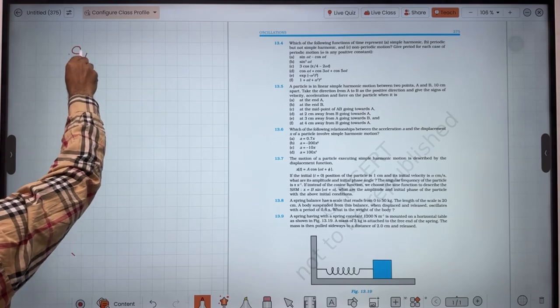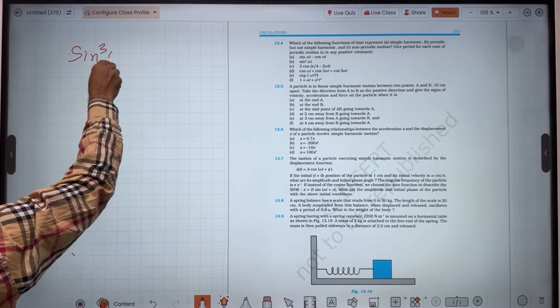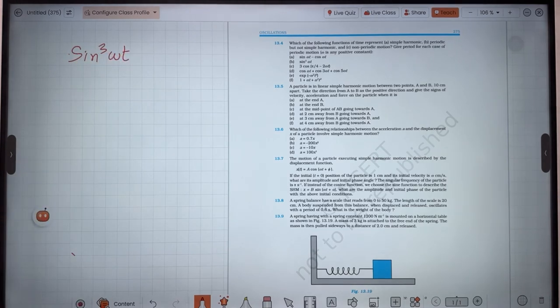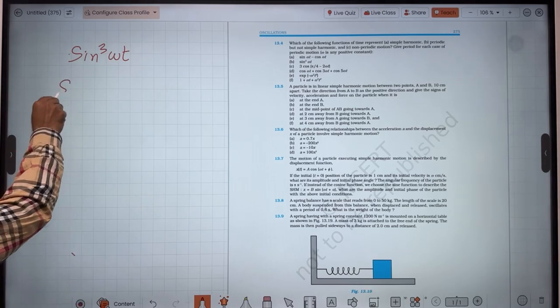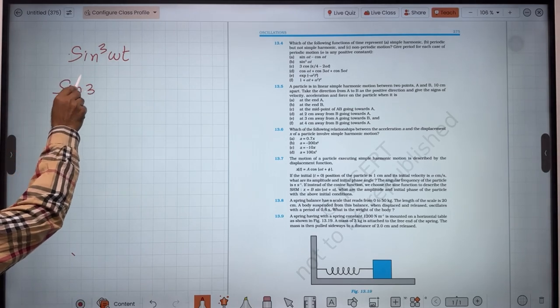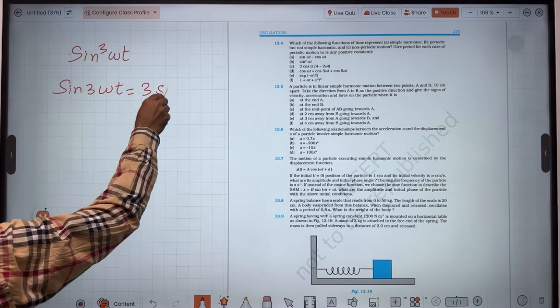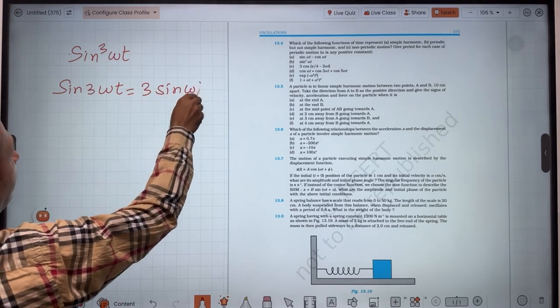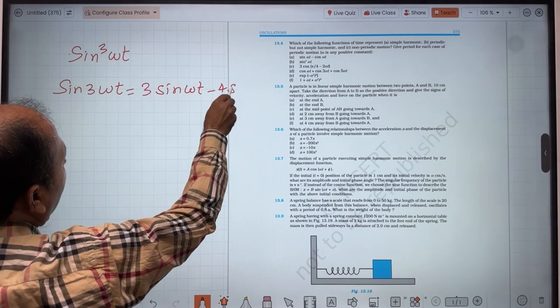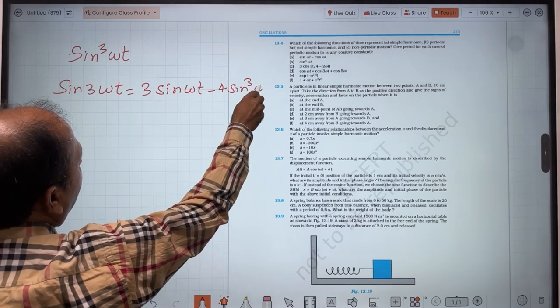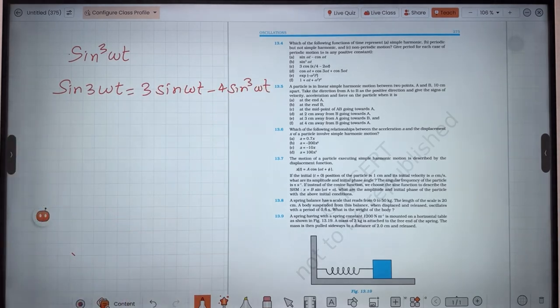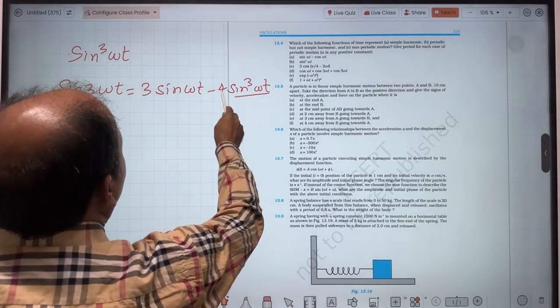We are given sine cube omega t. If you remember, sine 3 omega t equals 3 sine omega t minus 4 sine cube omega t. Here our concern is to find sine cube omega t.